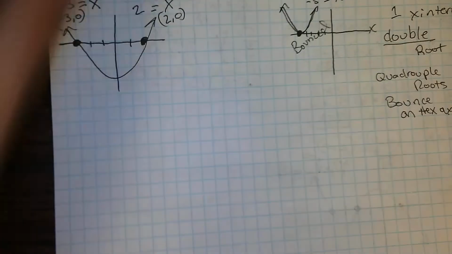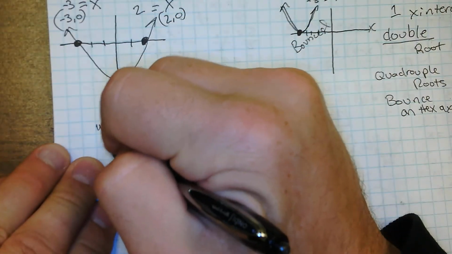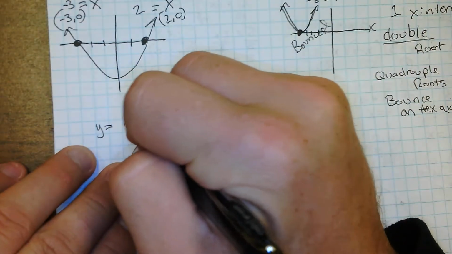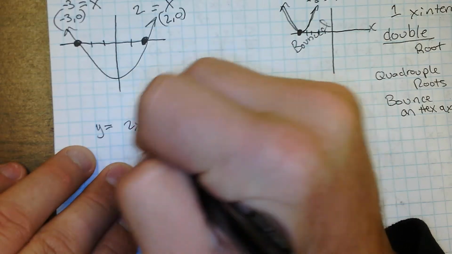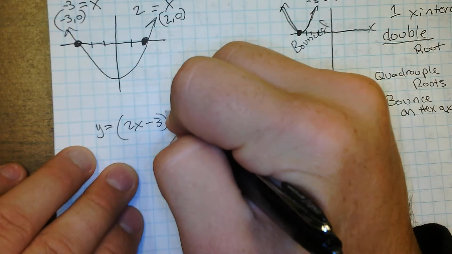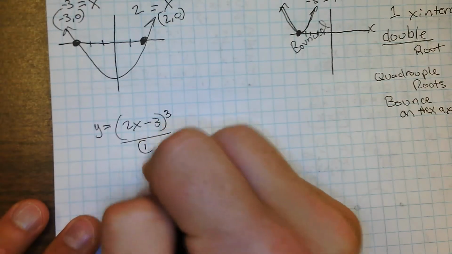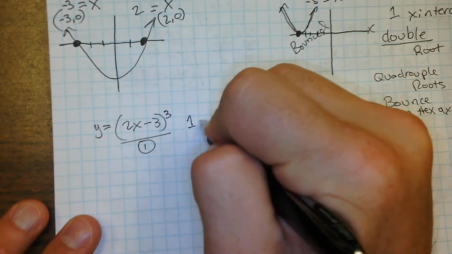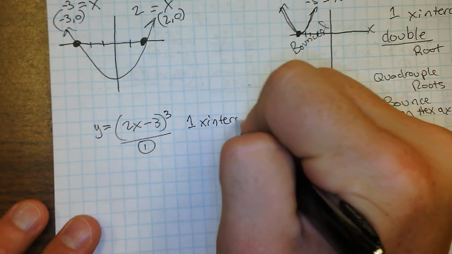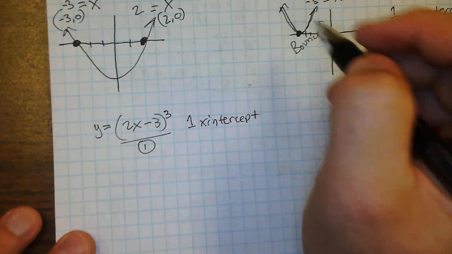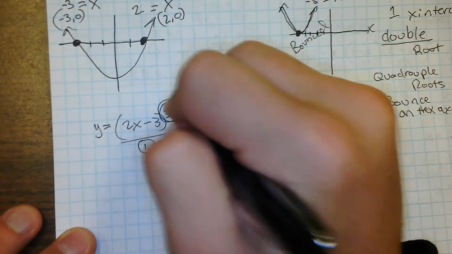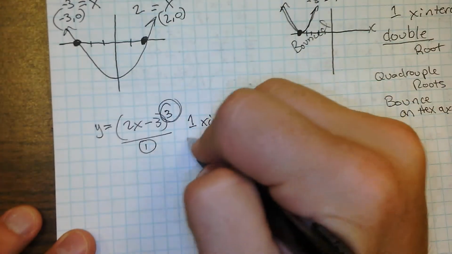Now, let's look at another example. Y equals 2x minus 3 to the third power, okay? Again, there's one group, so there's going to be one x-intercept, all right? But the exponent is 3.